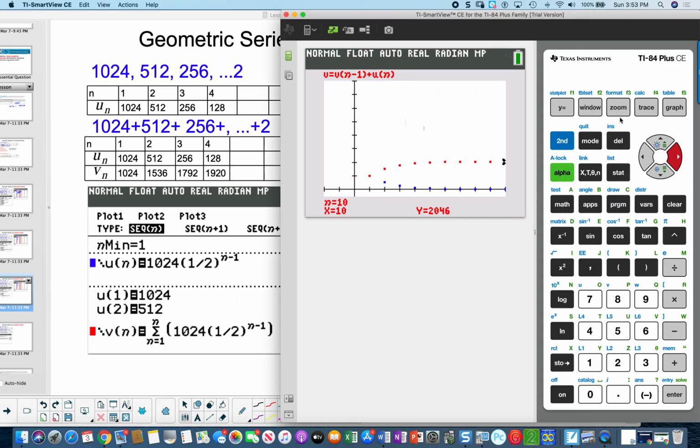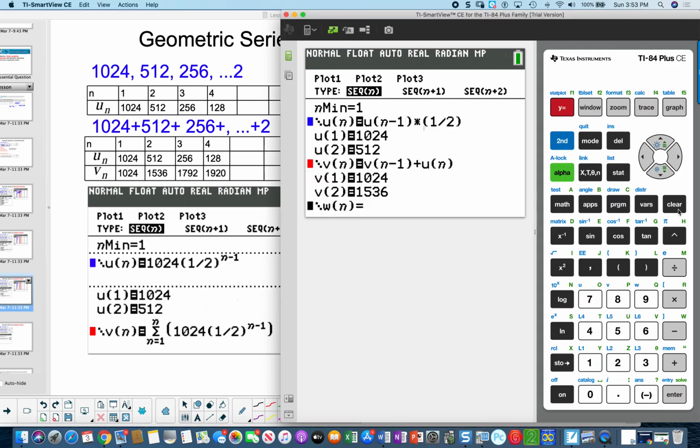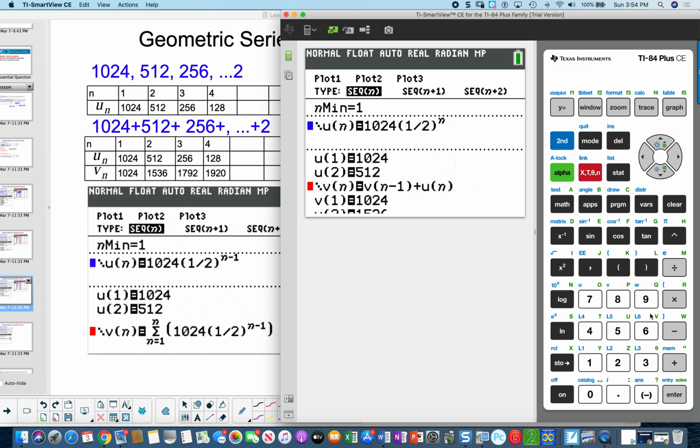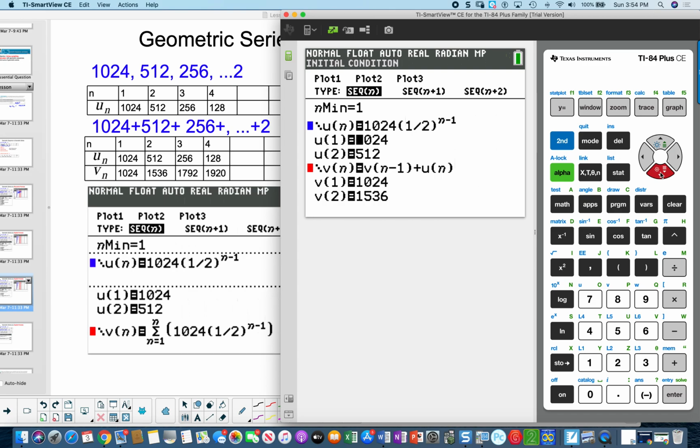So let me go over here, Y equals, and get rid of this and put it in an explicit form. 1024 parentheses 1 divided by 2 parentheses to the n minus 1. And those numbers still stay the same.